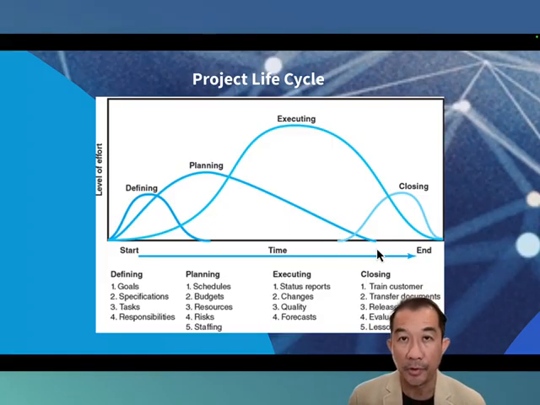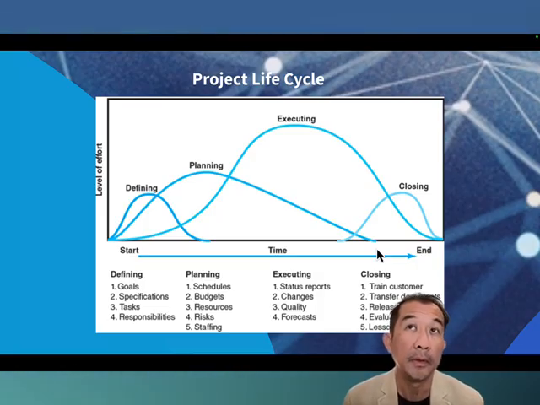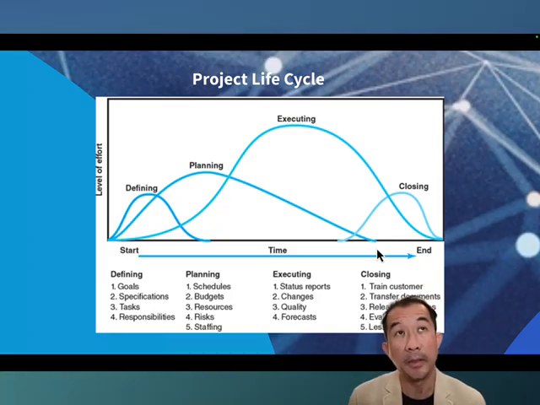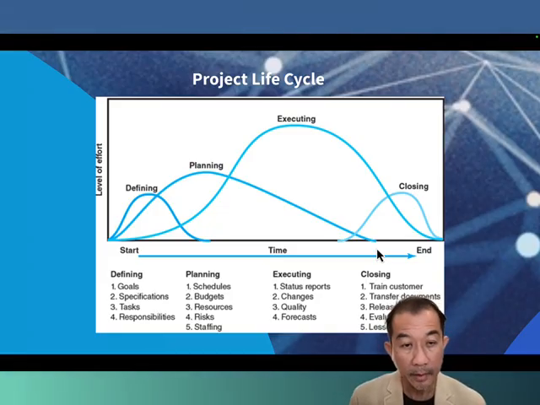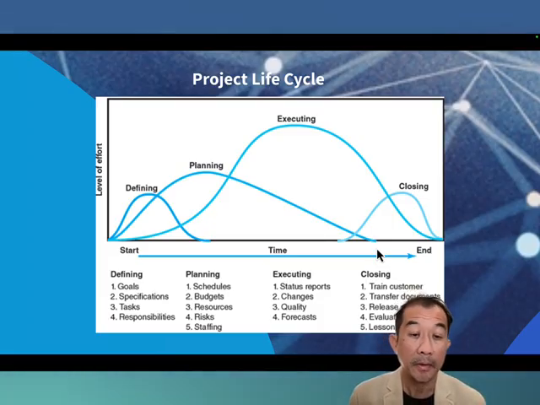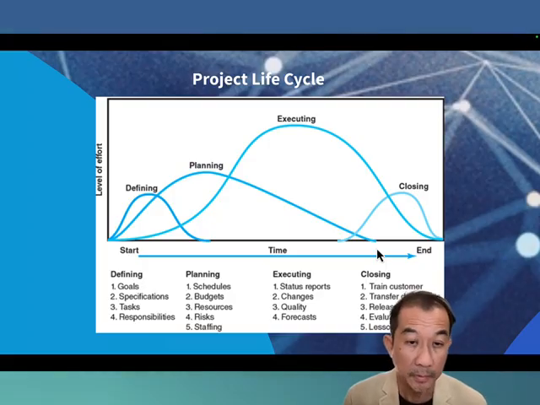We start out with goals and objectives that we want to achieve in the project. Then we go on to specifications, trying to draft what is required and writing the scope of the project. That's where we establish a project scope statement. Then we drill down into the tasks and the project team that are required to come together to define the tasks, deliverables, and the responsibilities of each of the project team members.